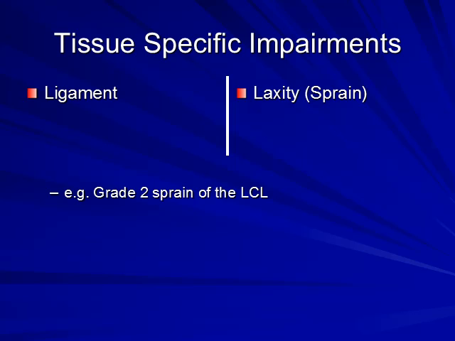That would be a tissue-specific impairment. Or an adhesion of the patient's right MCL. So that would be an adhesion of the MCL, which would be a tissue-specific impairment, right? So we take the ligament, we take what's wrong with it, or the impairment, we add a little more specificity to it by naming what specific ligament, and we have a TSI.